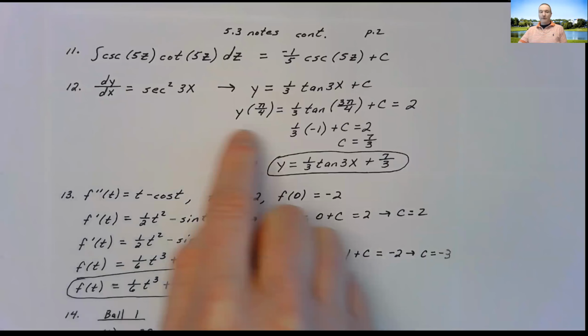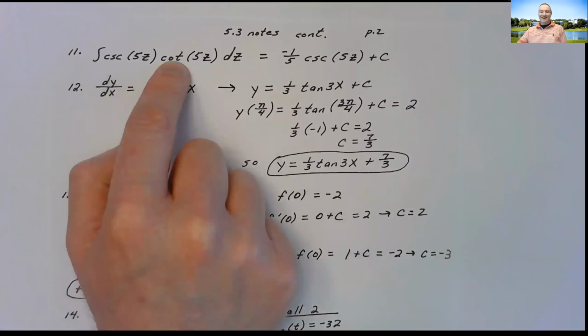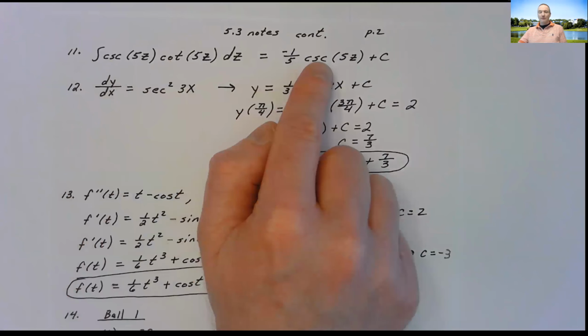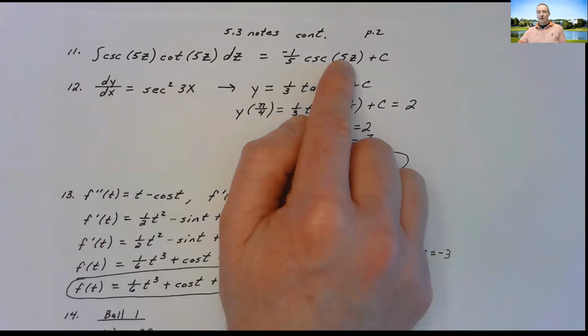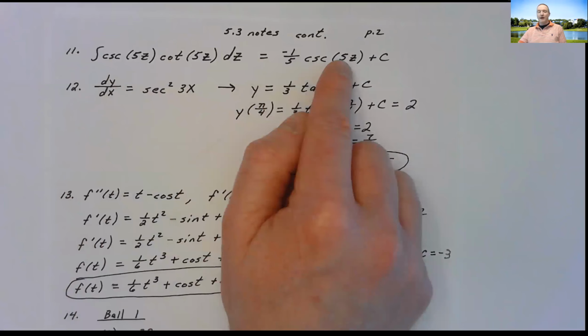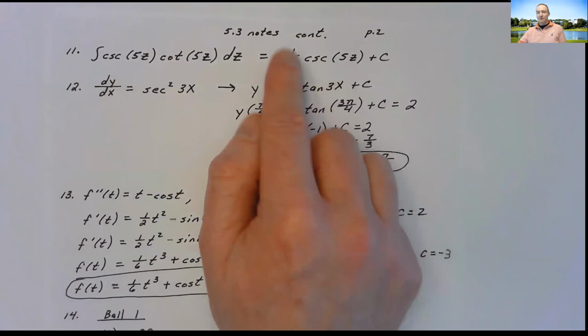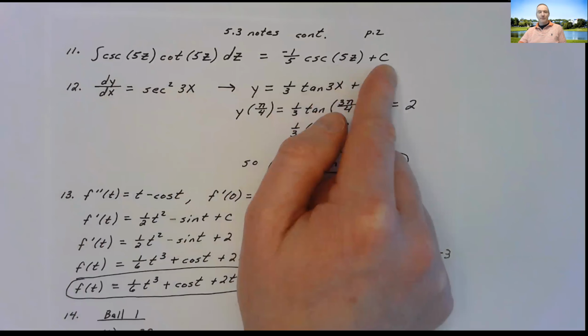So the integral of a positive cosecant cotangent would have to be a negative cosecant of that angle. Where did the 1/5 come from? Because you always have to divide by whatever the derivative of the angle is. So I would have said negative cosecant of 5z all over 5. That's where the negative 1/5 cosecant of 5z plus your constant of integration comes from.